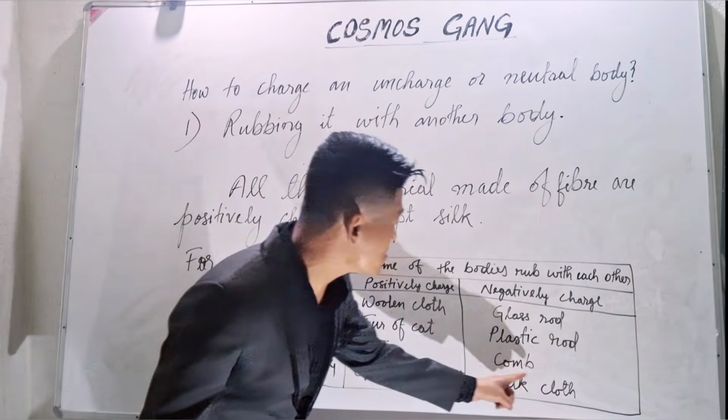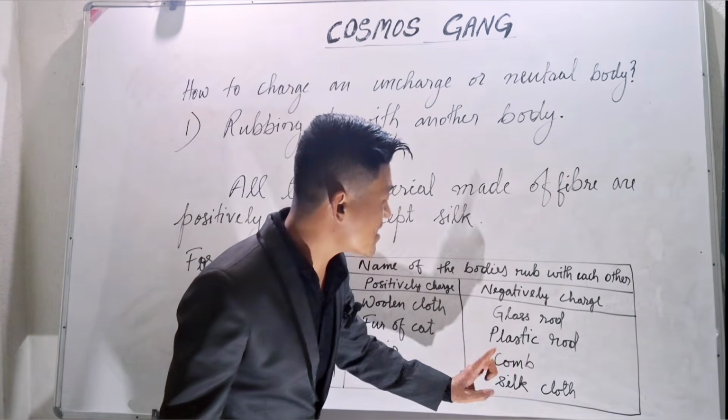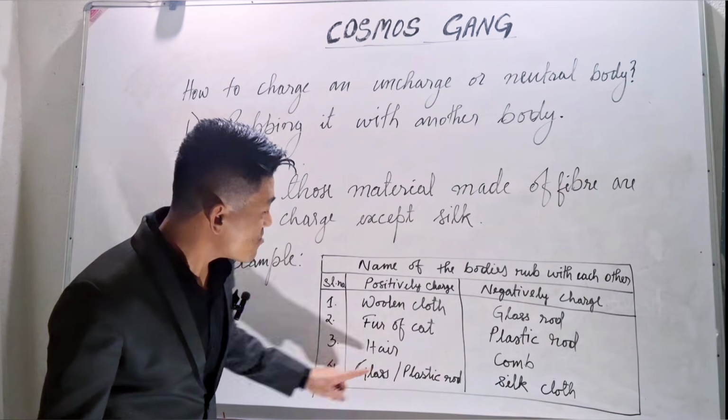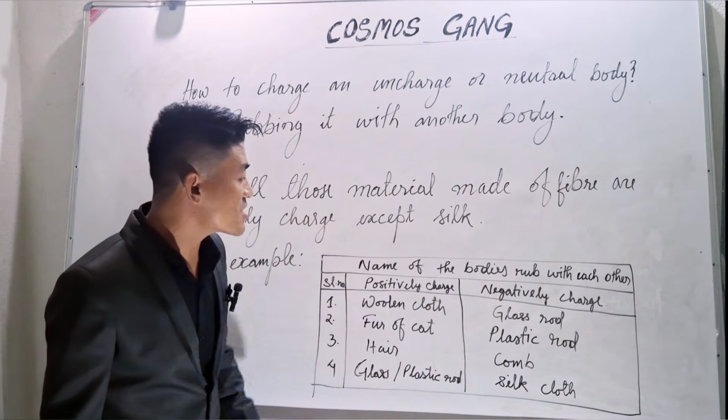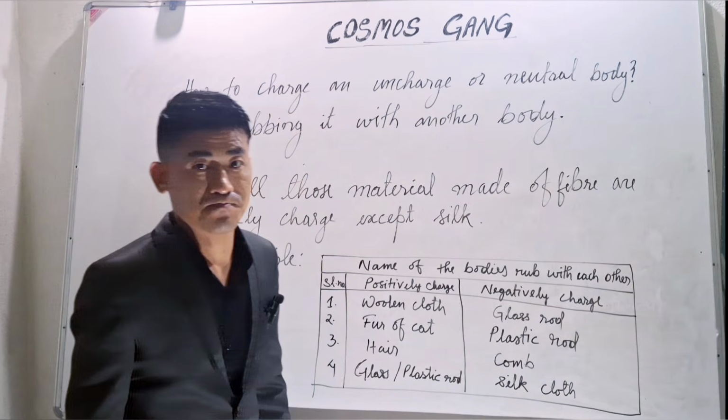Except for silk, which is negatively charged, that means it is gaining electrons, whereas the other body becomes positively charged because it is losing electrons.